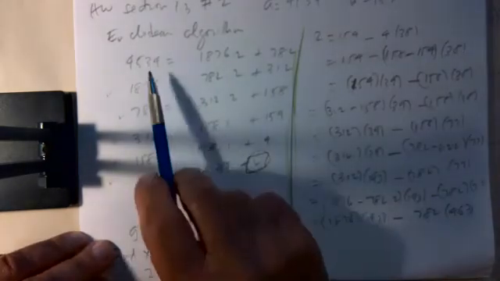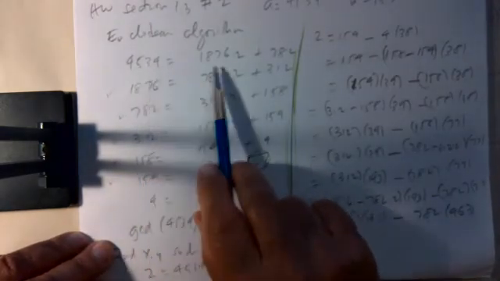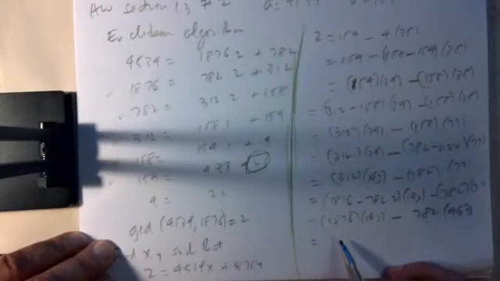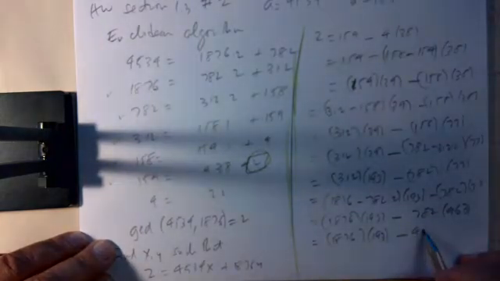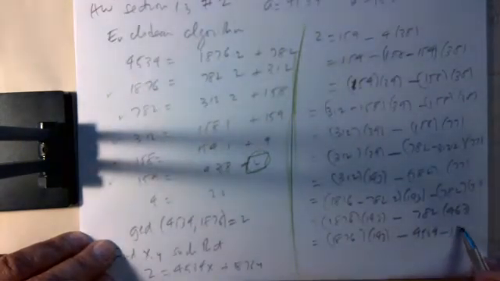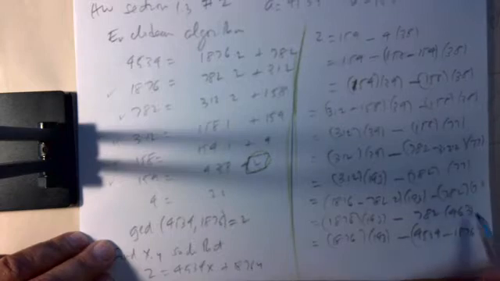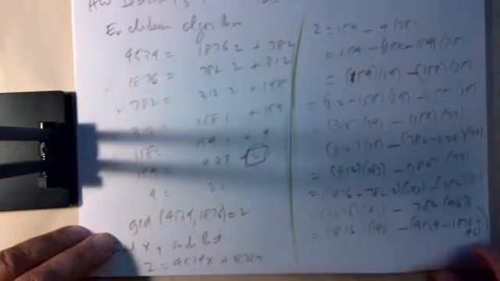And finally, we come to the end. 782 is 4534 minus 1876 times 2. So this is 1876 times 193, and 782 is 4534 minus 1876 times 2, all times 463.